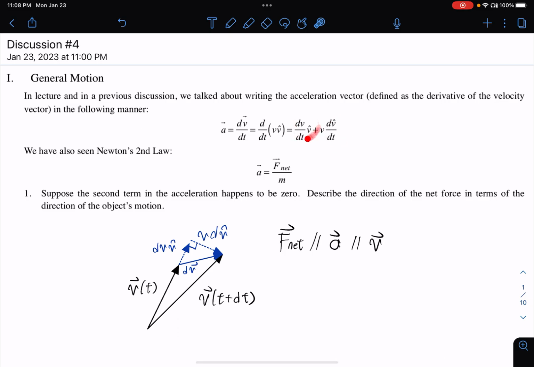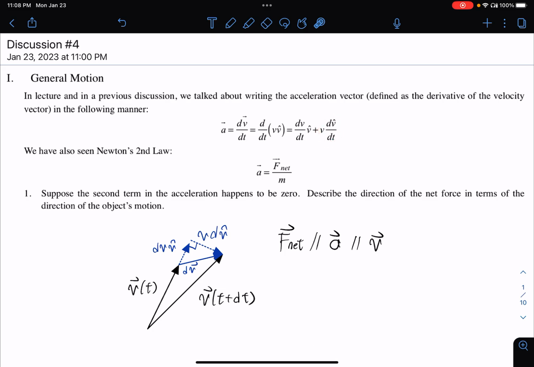There's no way the first term represents any perpendicular direction, because the direction is captured entirely by the unit vector v hat. So the first term can only represent the change of velocity that is parallel to the velocity itself. Therefore, in this case, we know that the net force will be parallel to the velocity direction if the second term is 0.